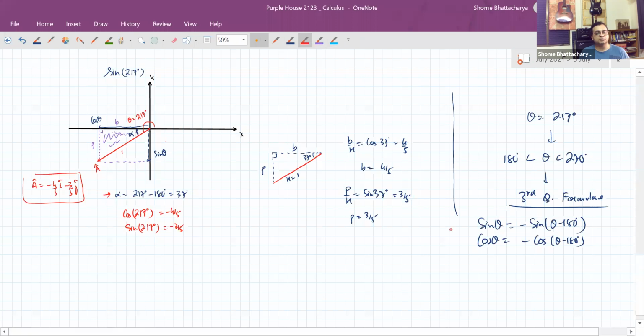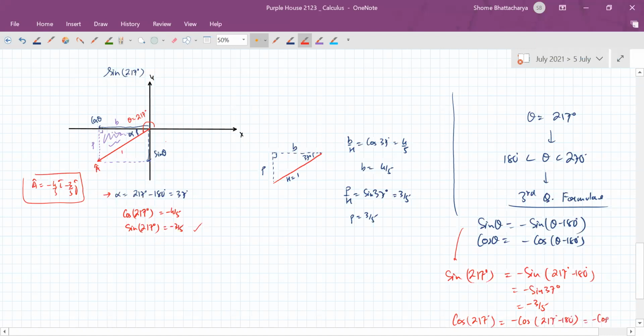So sine of 217 degrees will be minus of sine of 217 minus 180, that is minus of sine 37, so that is minus 3 by 5, and we got that just visually over here. Similarly, cos 217 will become minus of cos 37, so minus 4 by 5. 5 and 3 upon 5 are the values.